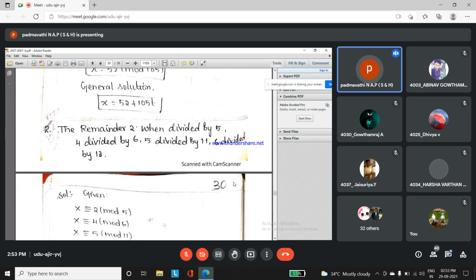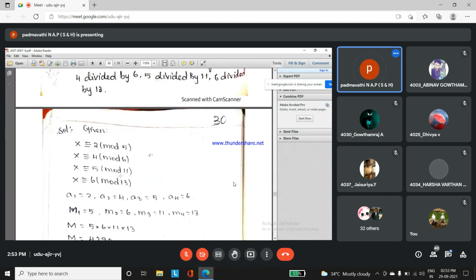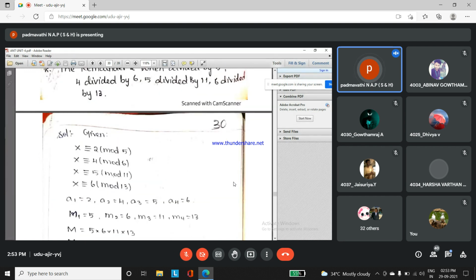The remainder 2 when divided by 5, then 4 when divided by 6, 5 when divided by 11, 6 when divided by 13, okay va. So the remainders are given. So 5 ஆல டிவைட் பண்ணும்போது ரிமைண்டர் 2. Linear congruences எப்படி எழுதலாம்னா, x is congruent to 2 mod 5.